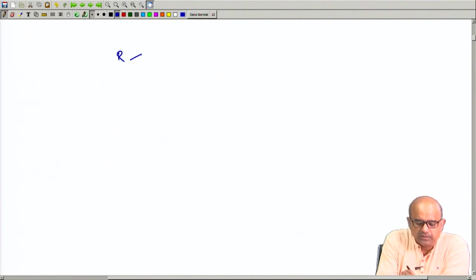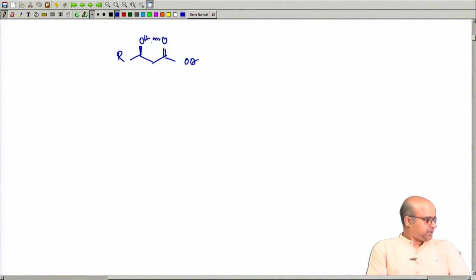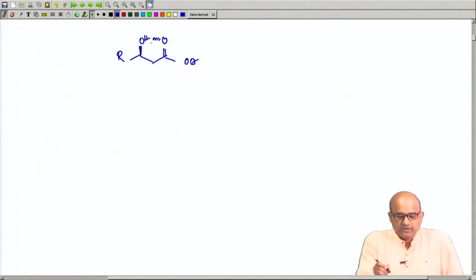You put a general terminology RO, and then we will find that at the very beginning, in the starting compound, you might have an intramolecular hydrogen bonding with this chelate. Fine.